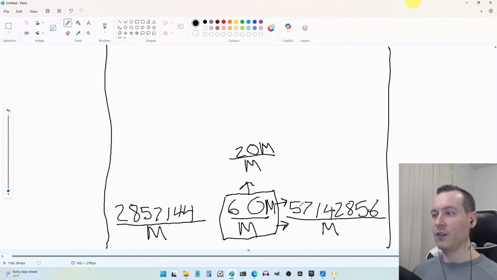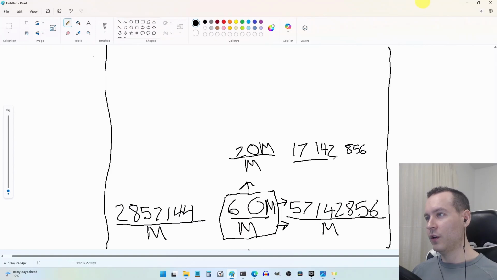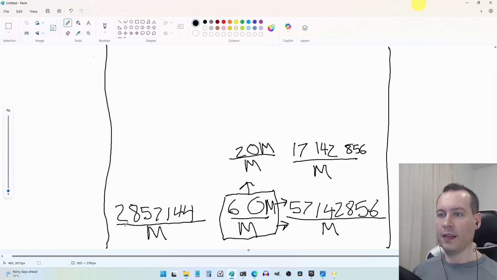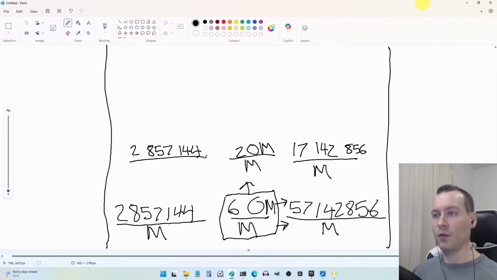So 57 will be reduced by 40, the 2/3 from this 60. So it's going to be 17,142,856 over 1 million. Then the left side will just stay exactly the same, 2,857,144 over 1 million.